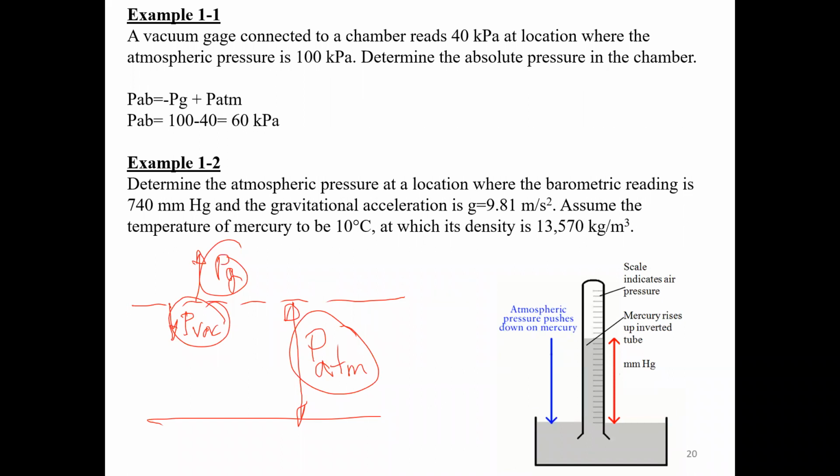So if you have vacuum, then it will be vacuum plus P atmosphere to get P absolute, or the other way around. If it's above atmosphere, then it's P gauge plus P atmosphere. So it's straightforward.